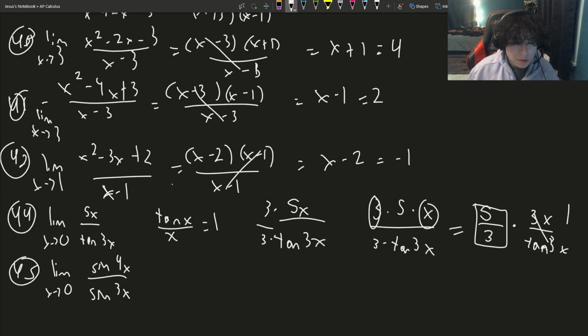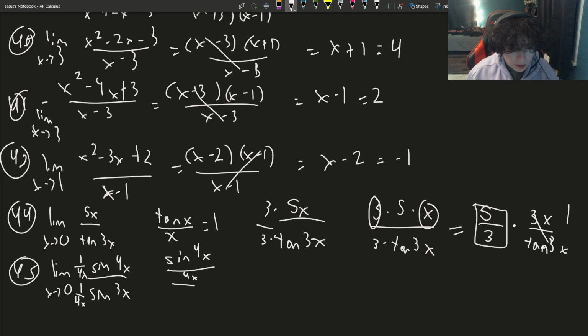So you could just multiply the top one by 1 over 4x and multiply the bottom one by 1 over 4x. I mean, I kind of do it a little bit differently from Cisneros, I guess.